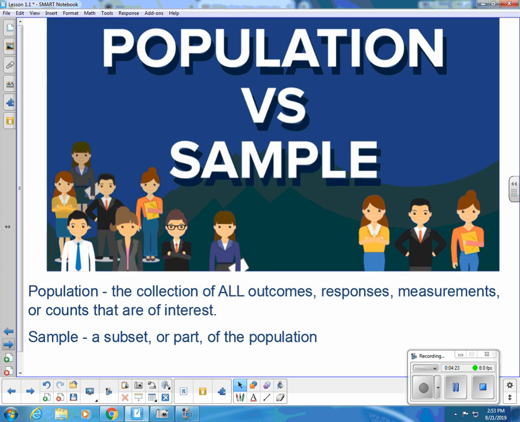And then we can predict things for the whole population based on that sample. Okay, so the population is everybody. The sample is just a subset or a part of that population. And we'll talk later about how we need to pick that sample when we do an experiment. Okay, but today we just need to know what the word sample means.